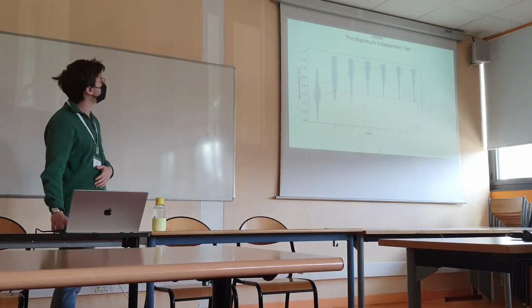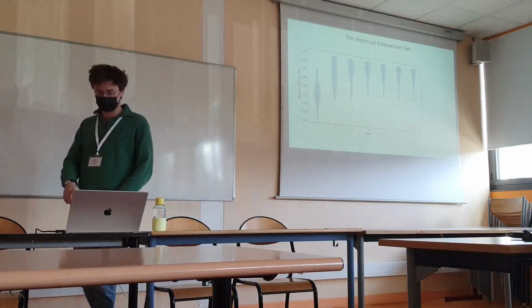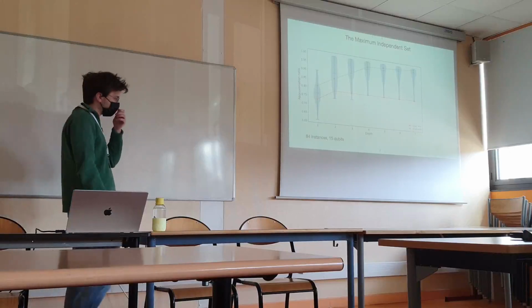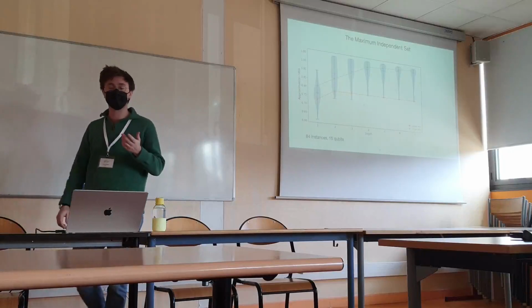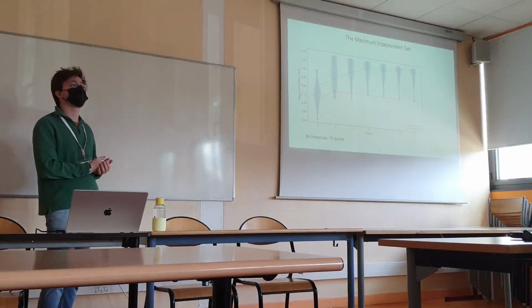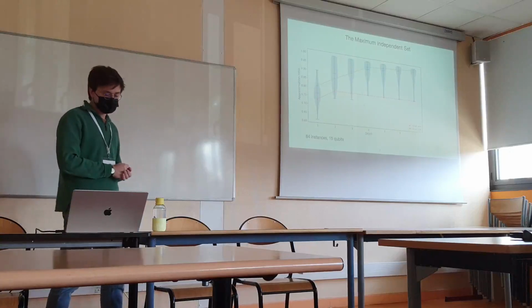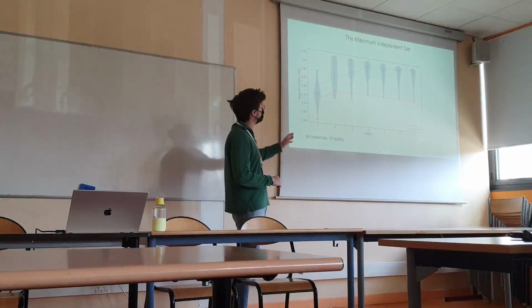And so now what you see here is results that we have from simulations. So we took 84 instances. These instances of maximum independent set were built from a data set which comes from electric vehicle charging stations in Paris. And what you see on the x-axis is the depth of the quantum circuit.